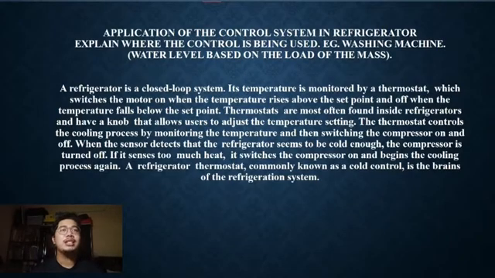When the sensor detects that the refrigerator is cool enough, the compressor is turned off by the thermostat. If it senses too much heat, it switches the compressor on and begins the cooling process again. So, a refrigerator thermostat, commonly known as a cold control, is the brains of the refrigeration system.